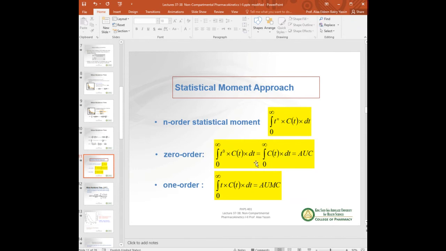The AUC is the integration of the concentration at time t by dt.